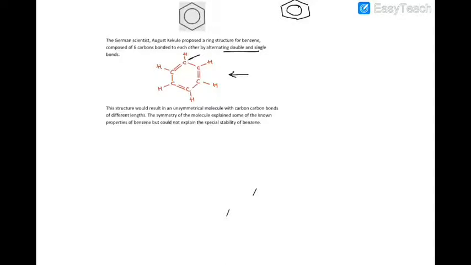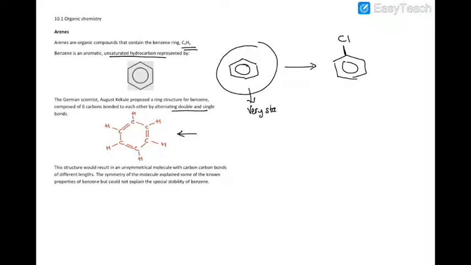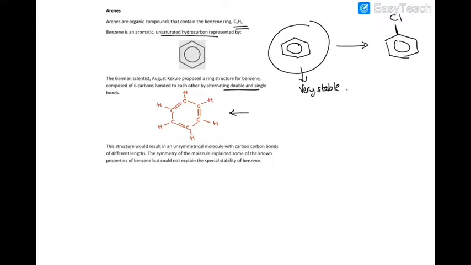Benzene usually goes through substitution reactions, where the benzene ring is just going to substitute one hydrogen and, let's say, replace it by chlorine. So benzene typically goes through substitution reactions because that ring here is a very stable structure, and that is because of the symmetrical nature of that molecule.